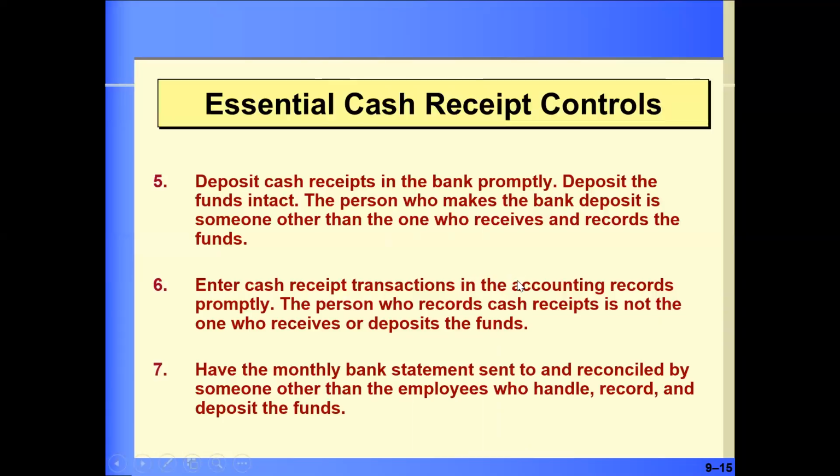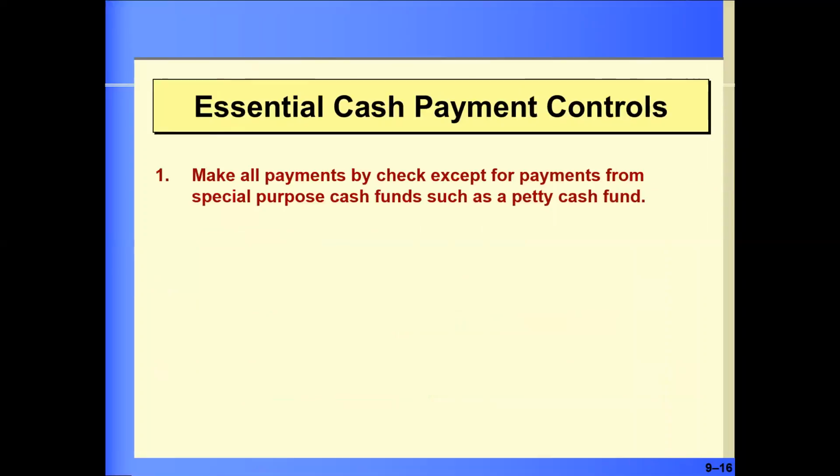Cash receipts controls is different than the next subject, which is cash payment controls. So how do we control cash payments? Well, you make all payments by check, except for those payments made from special purpose cash funds, what we just discussed, petty cash funds.